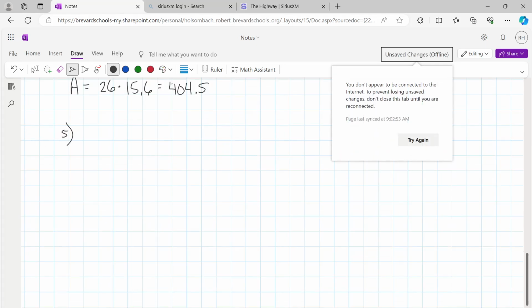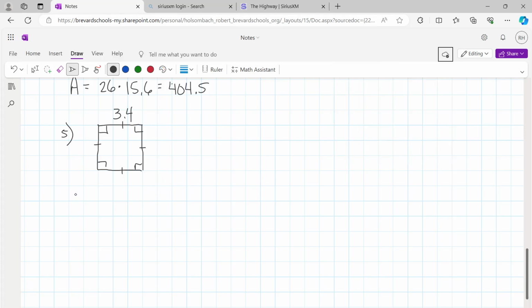Problem number 5. Got a square. And if one side of this square is 3.4, then all the sides are 3.4.